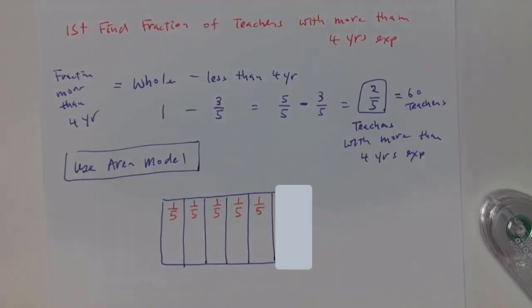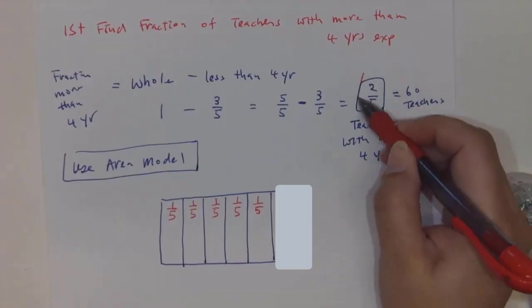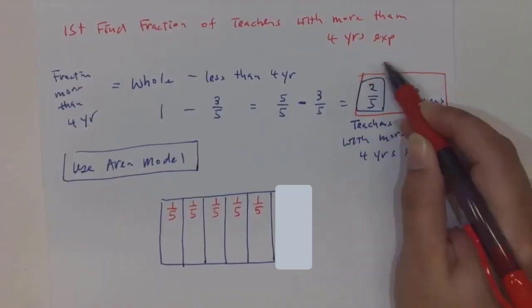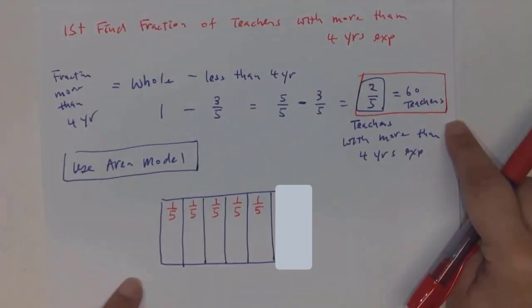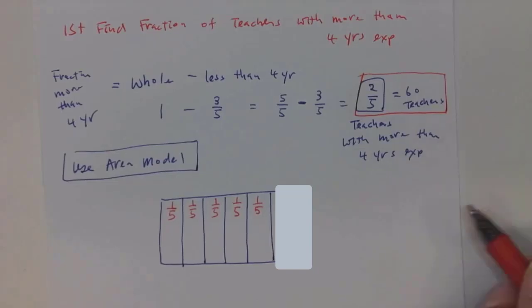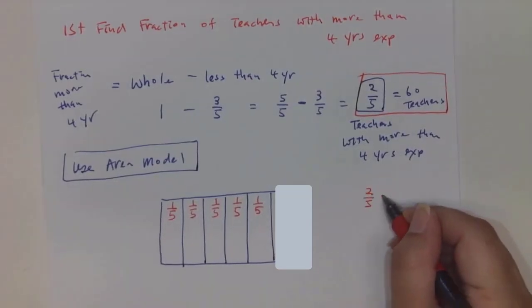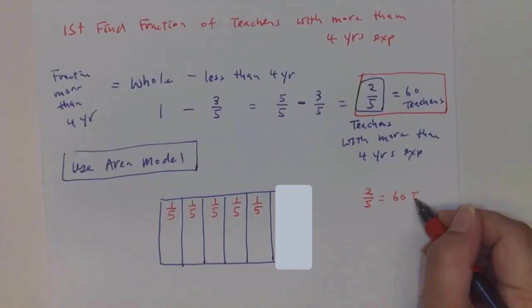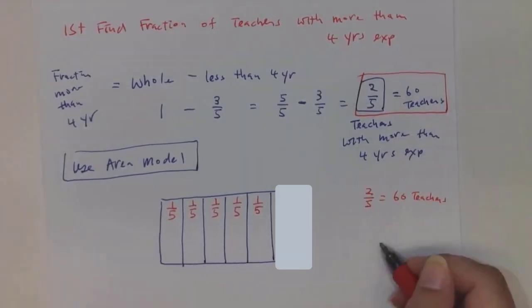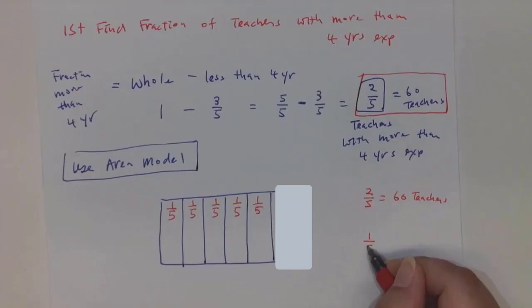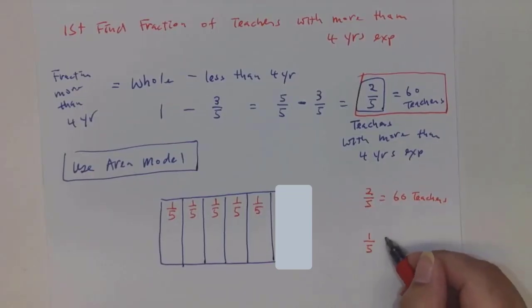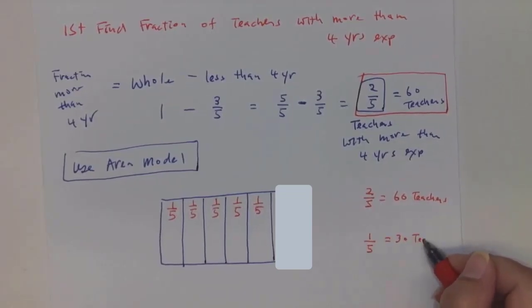Okay. And then we know at one point we figured out 2/5 is going to be 60 teachers. So if we know 2/5 equals 60 teachers, can you somehow find out what is 1/5? It's going to be 30 teachers. How did you figure that out?